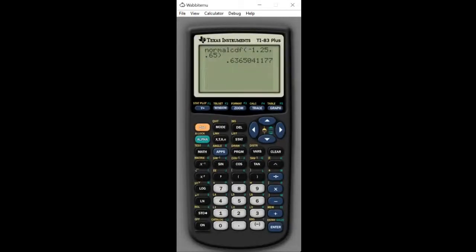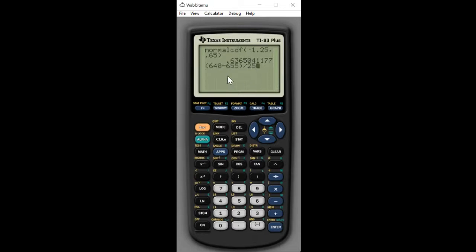Let me stop sharing this and come back to my calculator. Let me turn it on. I'm going to put parentheses, 640 minus 655, close off my parentheses, and we're dividing everything by 25.